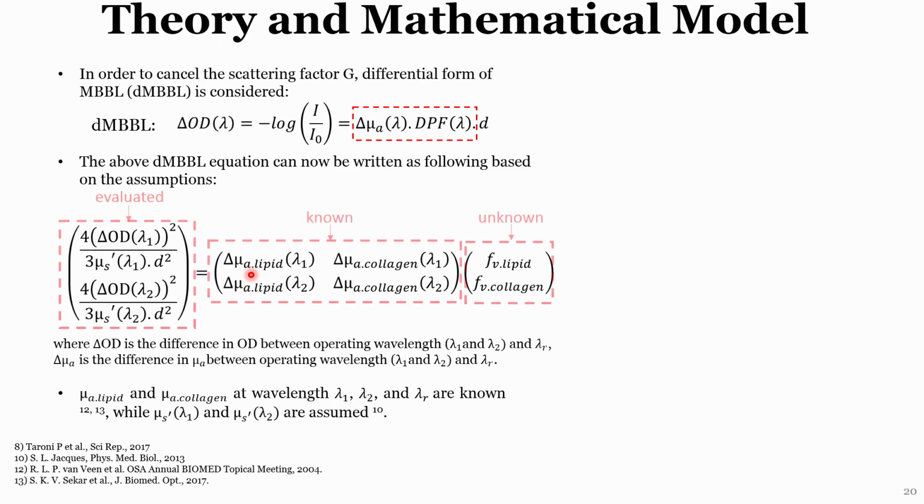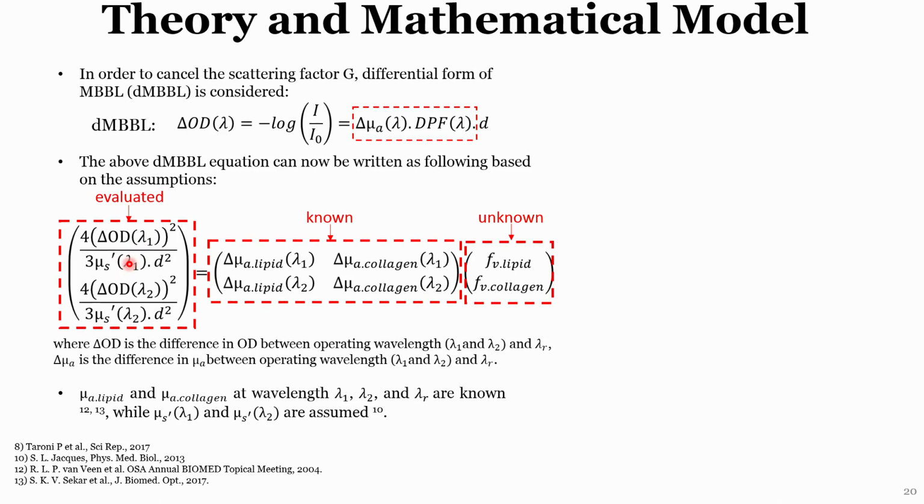Here again, what do we know? We know this mu a for the wavelength for two different states for lipid and collagen. We also evaluate the optical density. Again, this is a difference of optical density at that particular wavelength, and this is what we evaluate with our experiments.